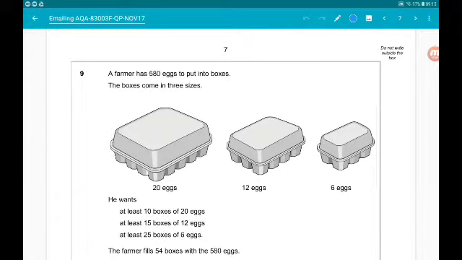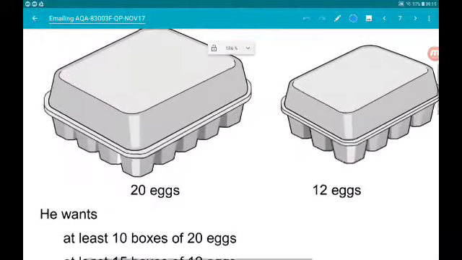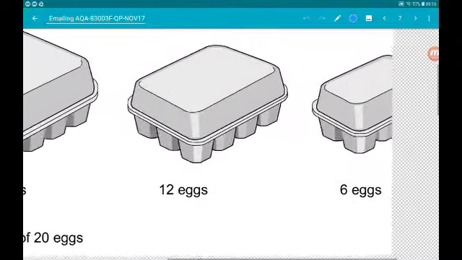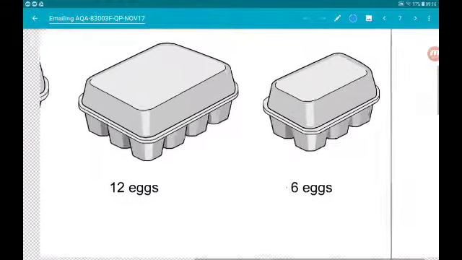Okay, question 9, 5 marks. So a farmer has 580 eggs to put into boxes. It's 3 different size of box. Large one can take 20 eggs, medium can take 12, small can take 6.